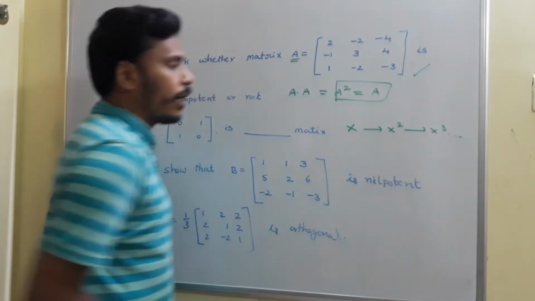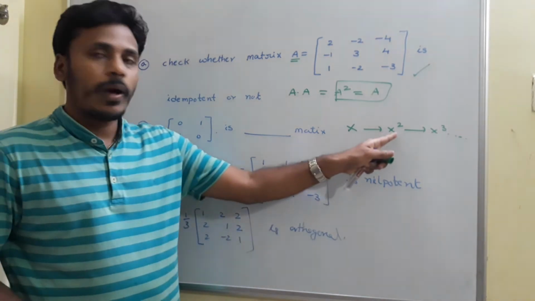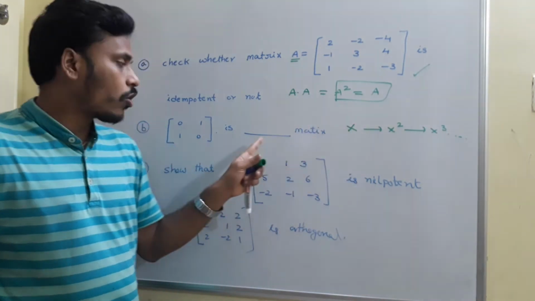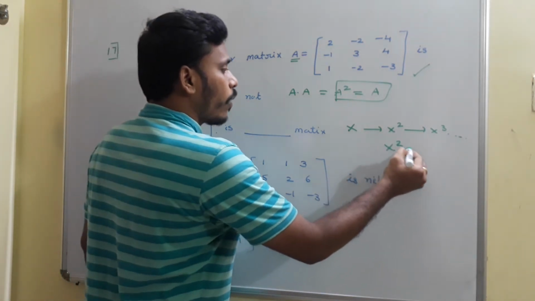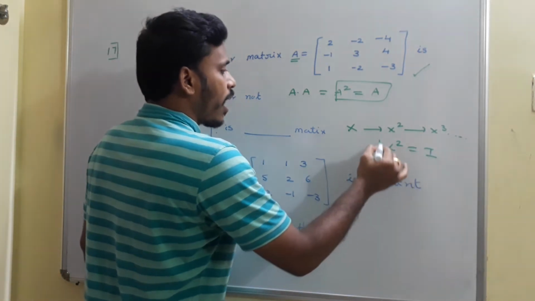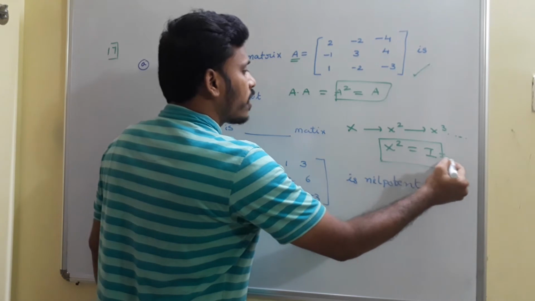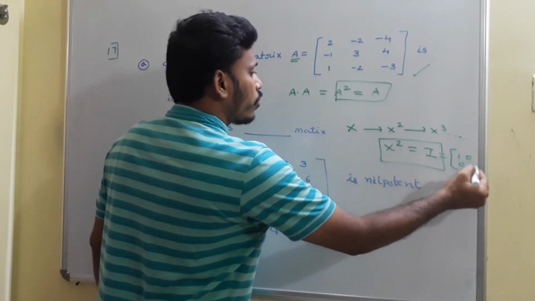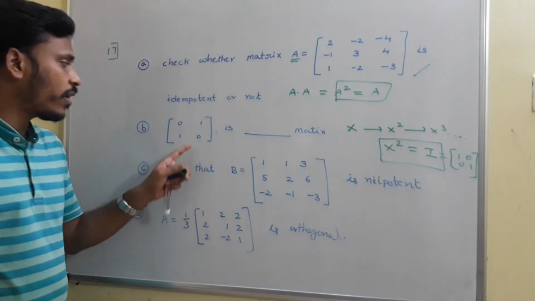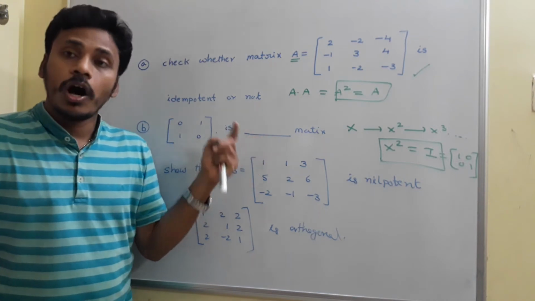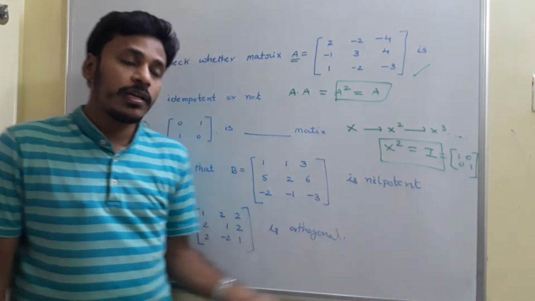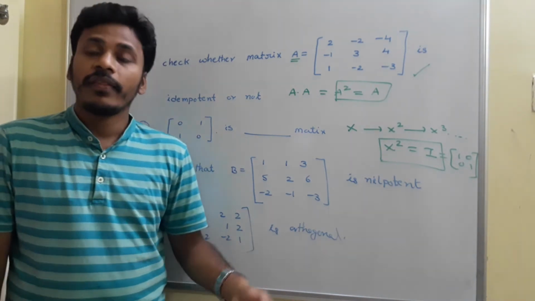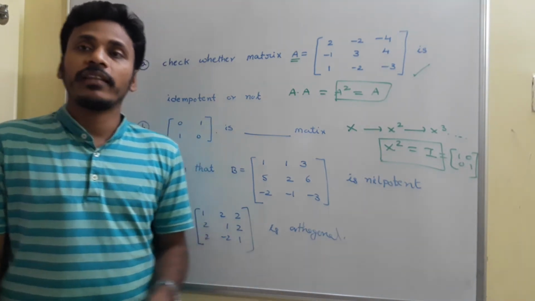If X square is equal to X, we call it an idempotent matrix. Or otherwise, if X square is equal to identity, which is simply 1 0 0 1, then we say it is involutory. Or otherwise, if either X square or X cube or X power 4 is equal to a 0 matrix, then we say it is nilpotent. Like that we need to check.